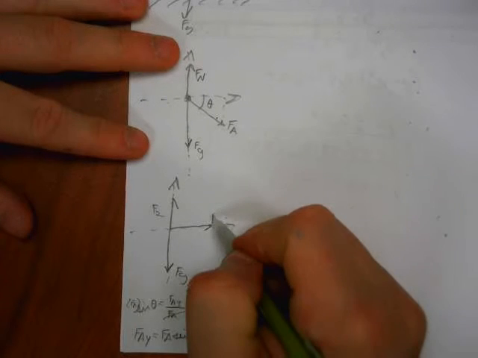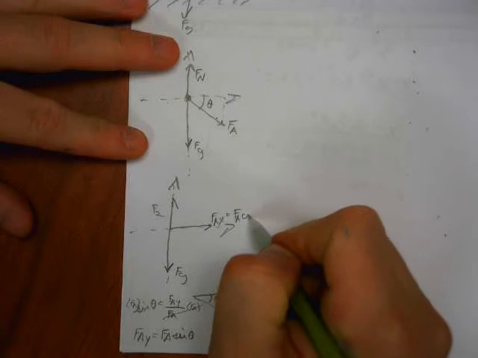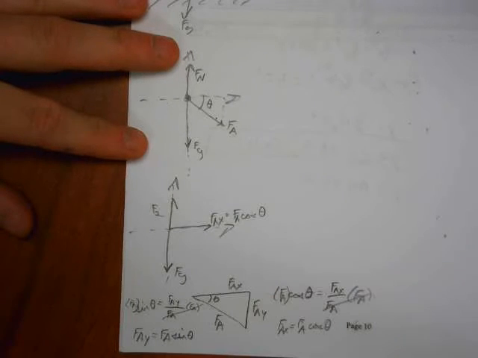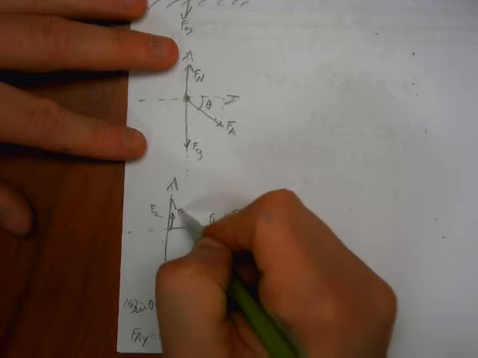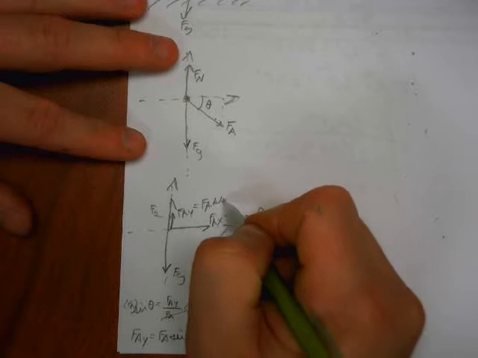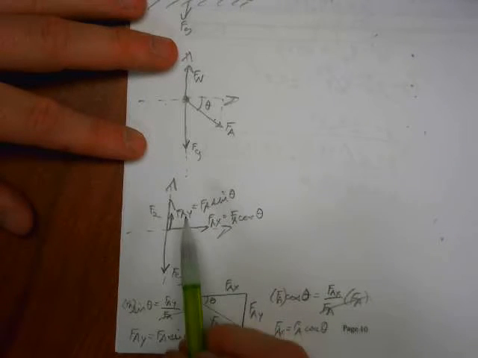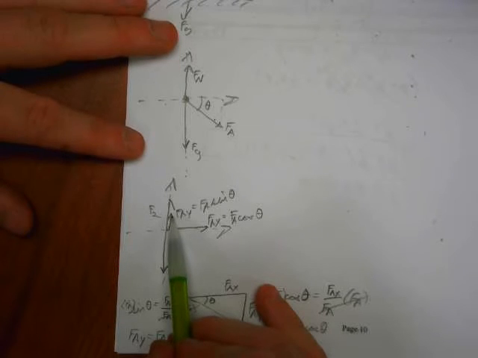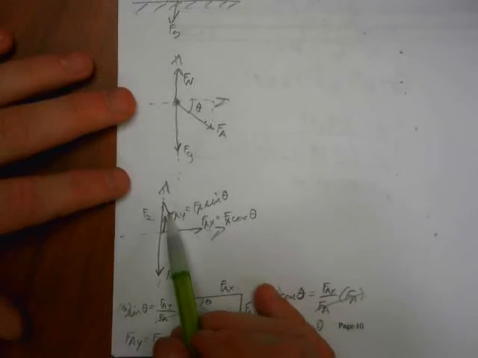This is FAX, which is FA cosine theta. And we have this other force here, which is FAY equals FA sine of theta.